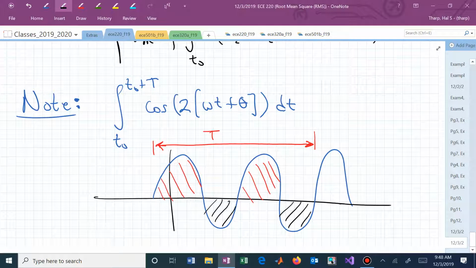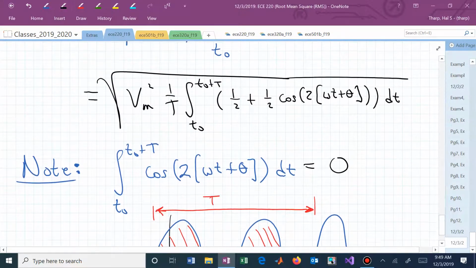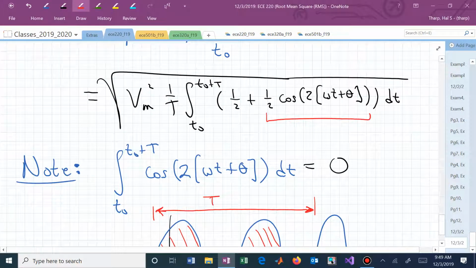Which means that if we integrate this over 2 cycles in this one period interval, the positive area equals the negative area, and consequently that leads to a 0 result, which allows this piece to not be a concern. We've essentially said that goes away when we do this integral.